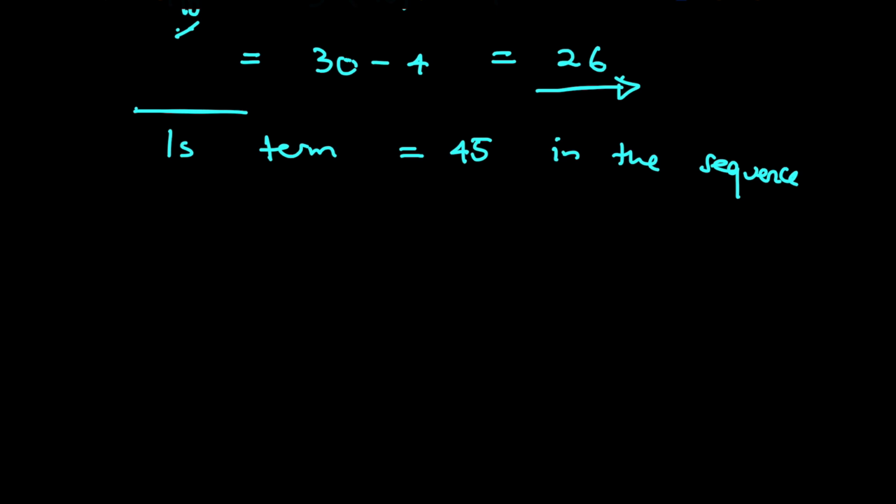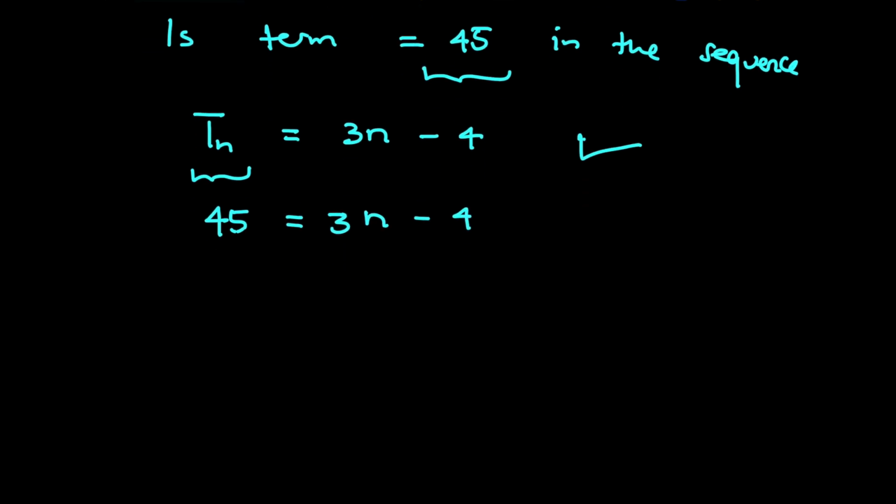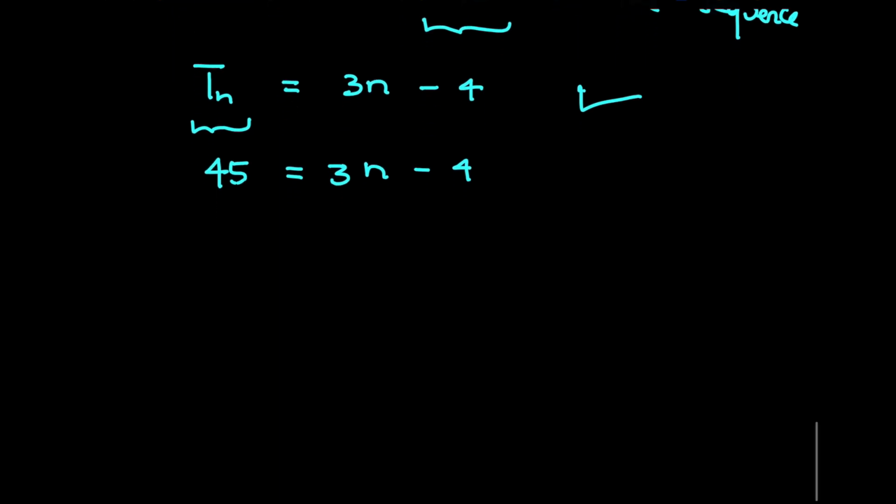Remember, your general term is 3n minus 4, and as I've said, through this general term you can find any other term you want. So 45 is going to correspond to Tn. We put 45 here. Now we are looking for a position that corresponds to a term that equals 45 in the sequence. So basically we are going to solve for n, right?